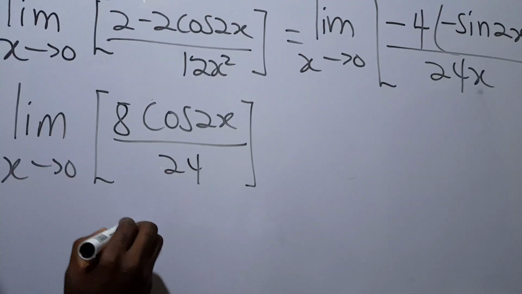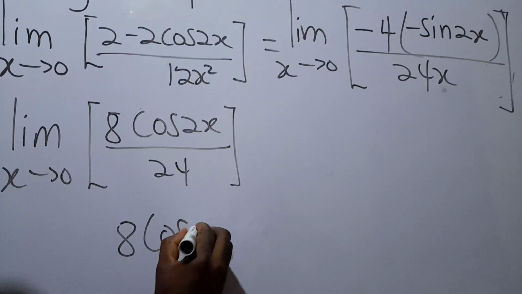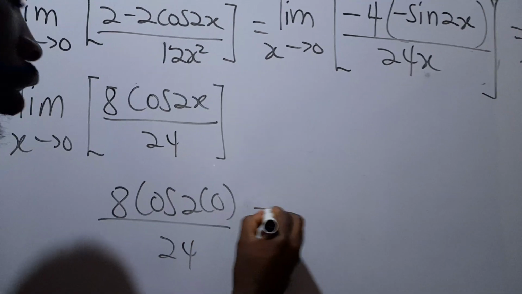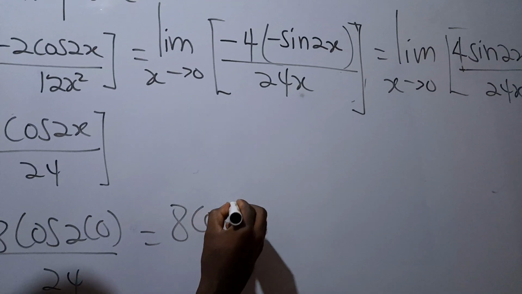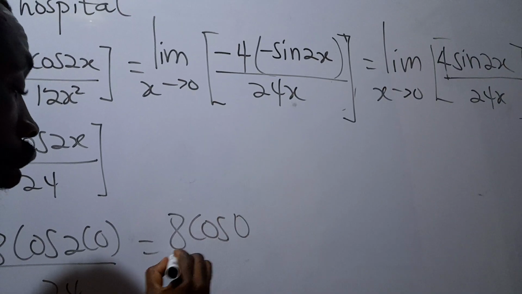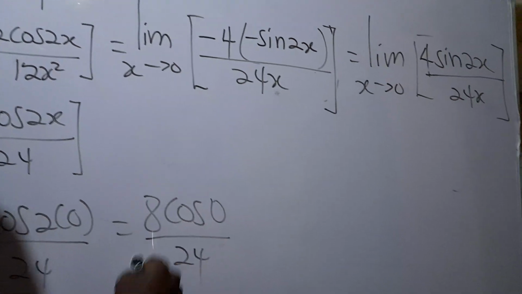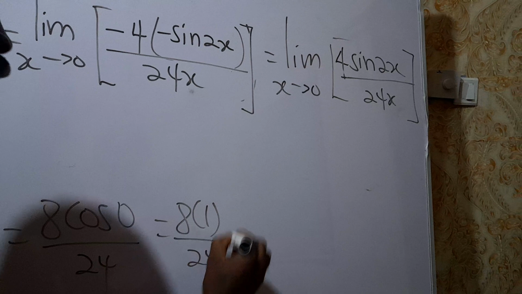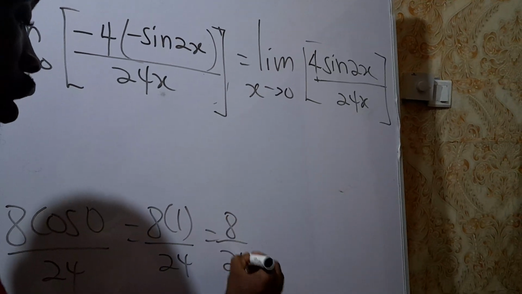Now we can substitute. So we'll get 8 cos 2 times 0 over 24. We get 8 cos 0 over 24. Cos 0 is 1, so we have 8 times 1 over 24, which will be 8 over 24.